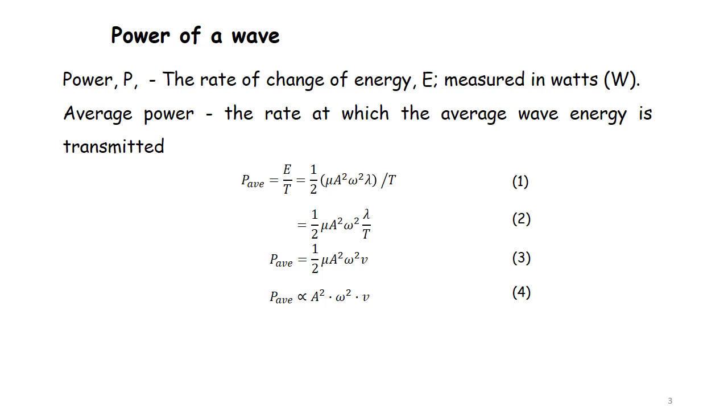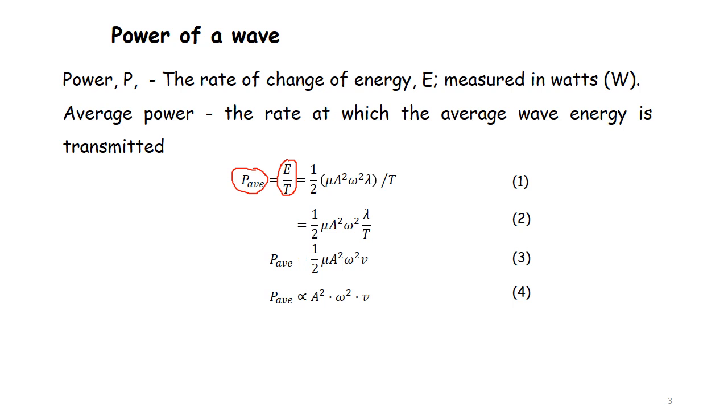Here you have the expression: average power P, with average, is the rate of change of energy. Because it is average, that's why we have the term T instead of small t, which is the period.